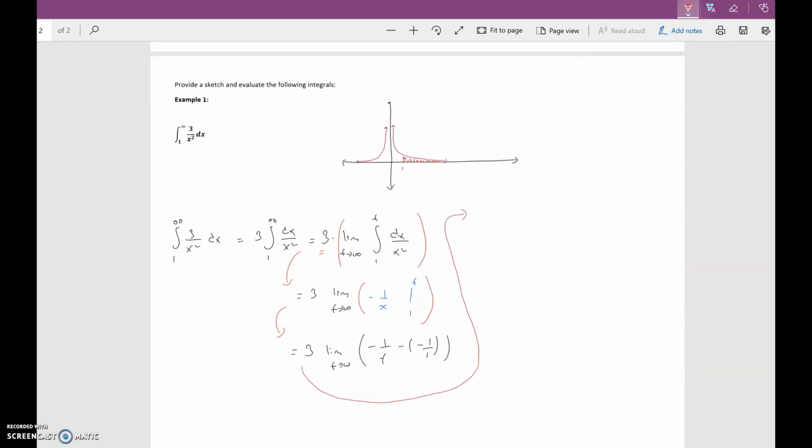We're rewriting it as 3 times the limit as t approaches infinity of negative 1 over t plus 1, or 3 times the limit as t approaches positive infinity of negative 1 over t plus the limit as t approaches infinity of 1.